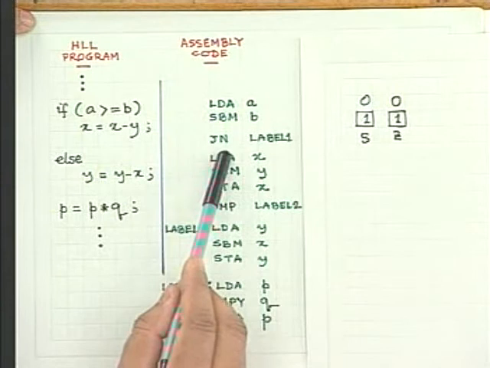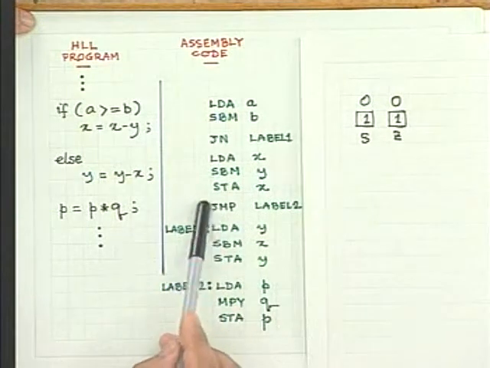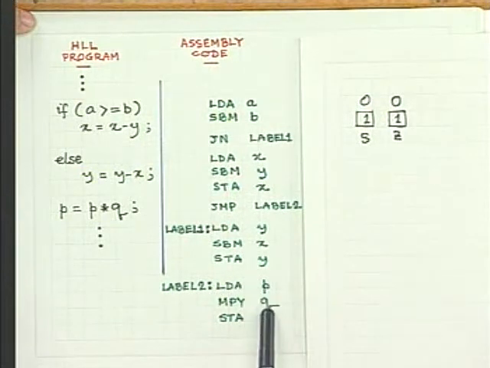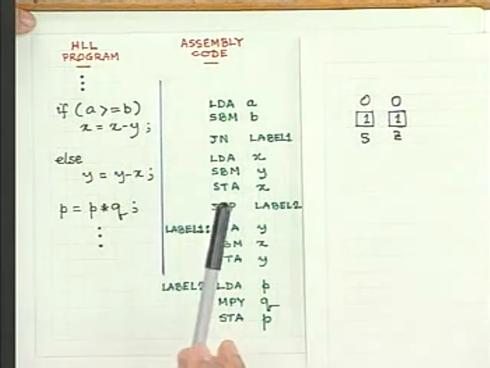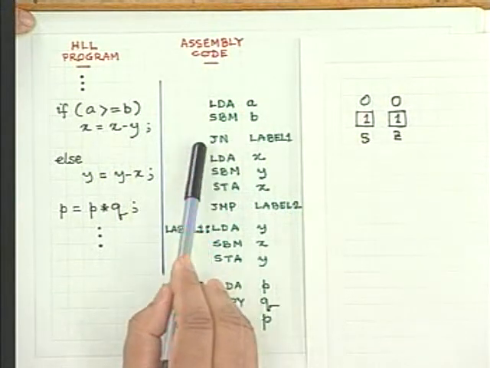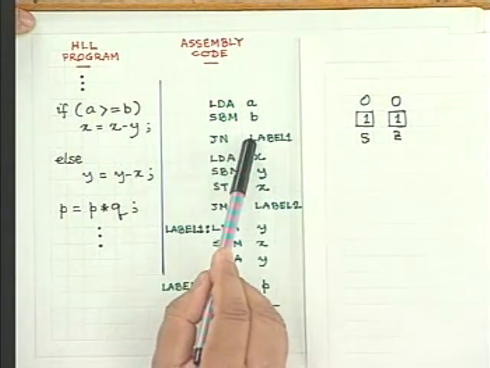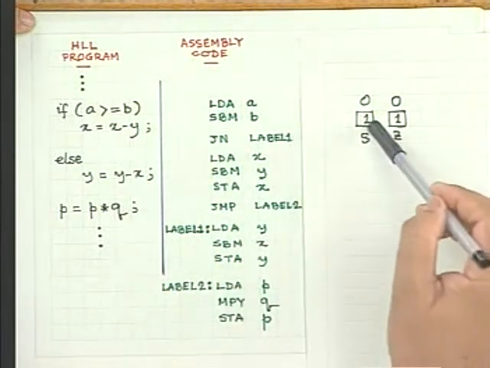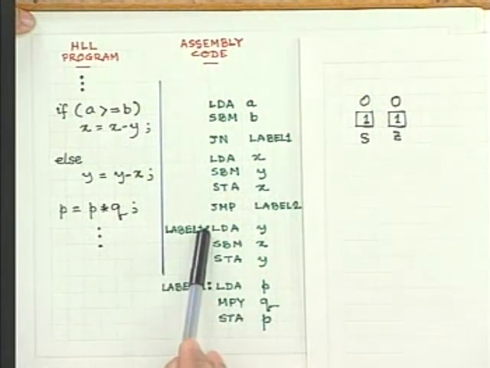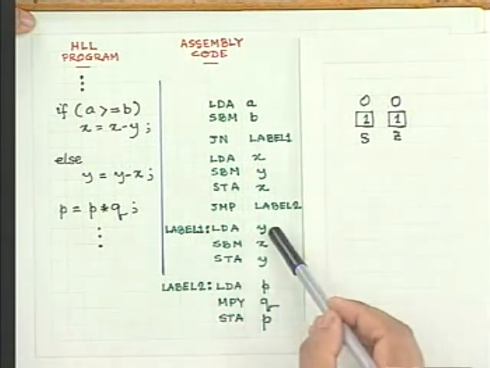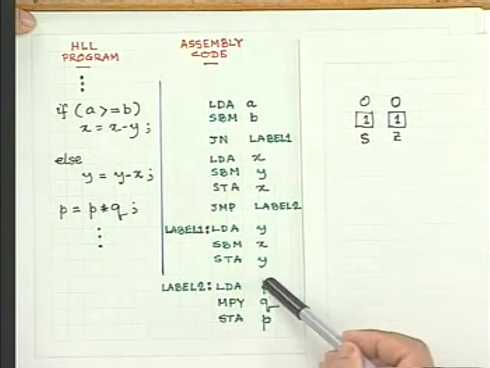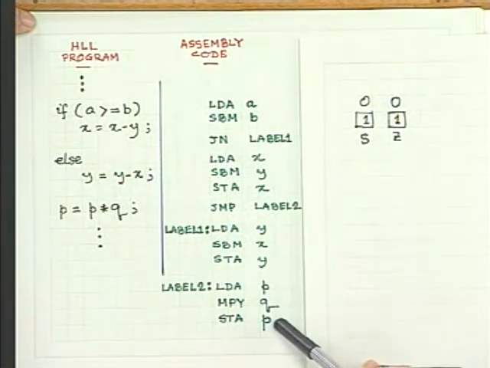That means after executing this portion, automatically it will jump over to execute P equal to P into Q. But if there is a conditional jump, that means jump negative, then on the sign flag being 1, it will come to this particular instruction. This will be executed sequentially, and then automatically the next instruction that will be executed is this one.